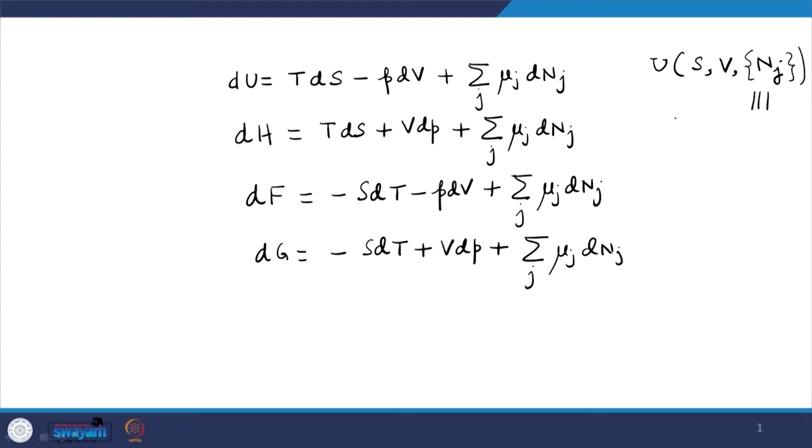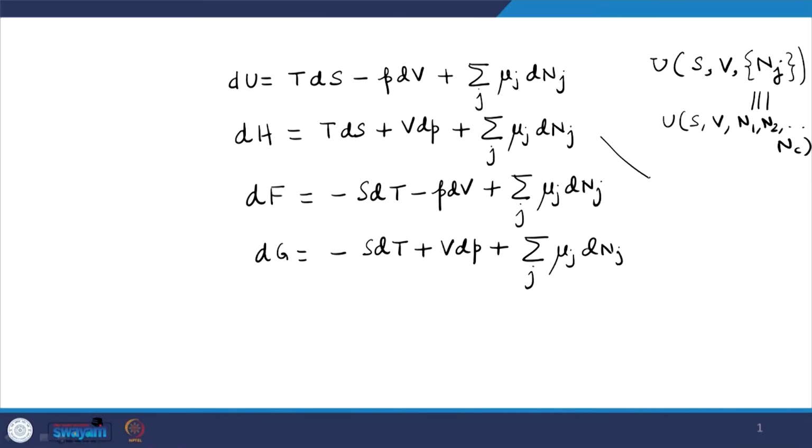So, this curly bracket indicates that we are actually doing U as a function of S, V, N1, N2 up to NC for the C components that we have in the system. So, if you have 2 components, you will have N1 and N2. If you have 3, you will have N1, N2 and N3 and so on. So, whenever I use a curly bracket, it means I am writing a shortcut for all possible values of j.